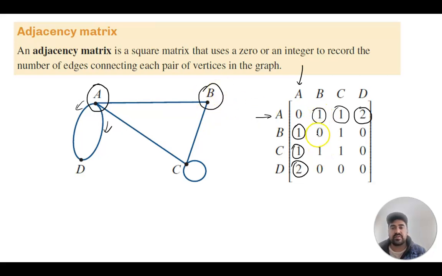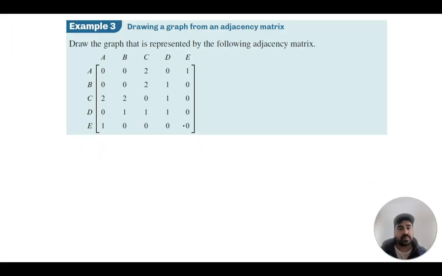It doesn't loop to itself, 0, and it doesn't connect to D, so it's 0. So you're going to have 1, 0, 1, 0. If there is a loop, you would put it as a 1, so C to itself has a loop of 1. Just be careful that the degree of this is 2, but the amount is 1 when you're putting it into an adjacency matrix.